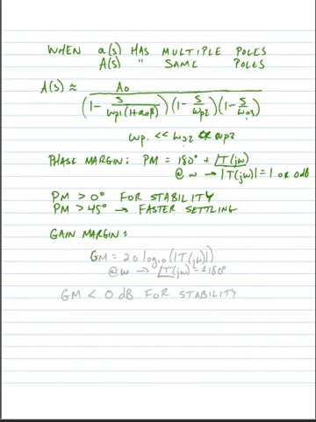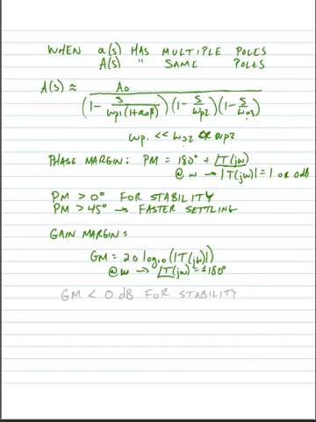Our gain margin, GM, is equal to 20 log 10 of the magnitude of the transfer function of the loop gain at a frequency omega where the angle of the loop gain is equal to minus 180 degrees. And I say minus 180, but remember the phase can wrap up to plus 180 at the same frequency, so we should say plus or minus 180.